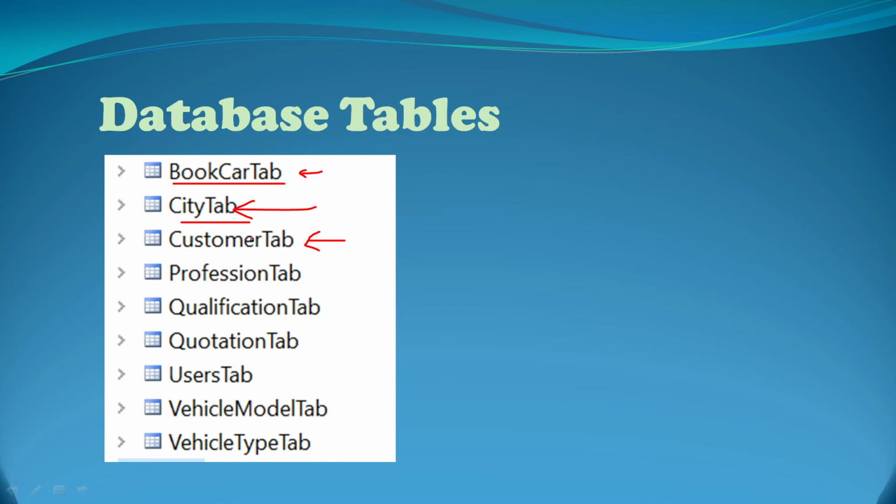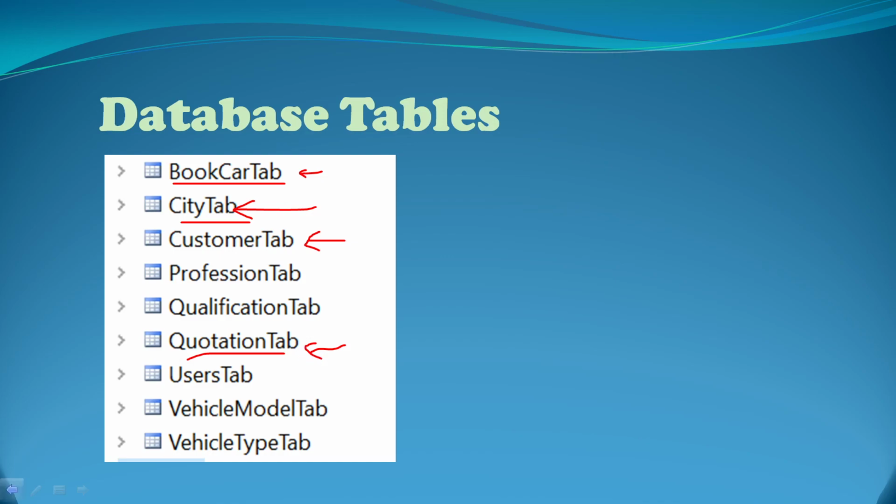Profession and qualification tables: when users sign up, we want to show their qualification and profession, so whatever entries we make here automatically reflect in the sign up page. Quotation table: here we enter all the details about vehicle pricing, so the user gets the same when they log in and ask for a quotation.